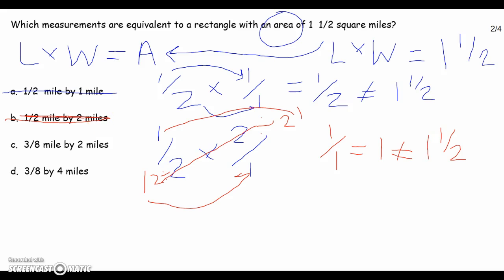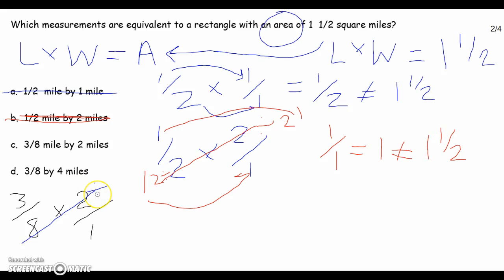Now we're going to look at letter C. The problem says 3/8 by 2 miles, and we can always replace "by" with a multiplication sign. And we are going to put that 2 over 1. We do see a diagonal relationship here, with 2 and 8. 2 is a factor of 8, and 2 is a factor of itself.